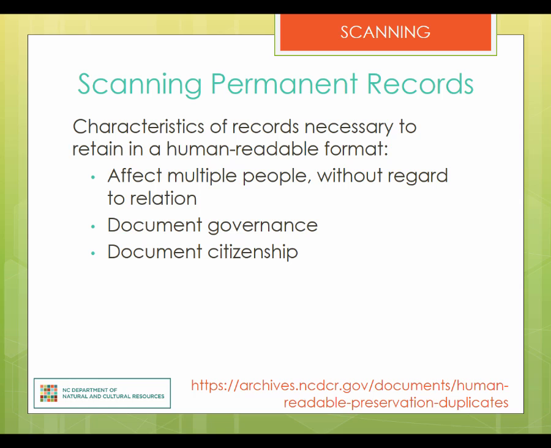Some of the characteristics that identify records that should be retained in a human readable format include those that affect multiple people without regard to relation, those that document governance, and those that document citizenship. Examples of these records include minutes of governing bodies, birth and death certificates, and court records. This Human Readable Duplicates policy can be accessed on our website. Consult your records management analyst for additional guidance.